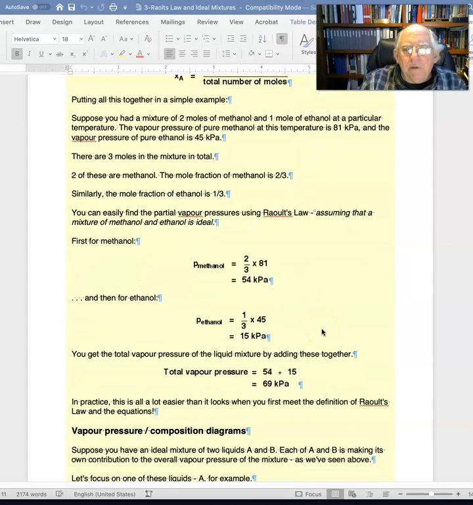What you then determine is that the partial pressure of the methanol is going to be 2/3 times the 81, and the partial pressure of the ethanol will be 1/3 times the 45. And so ethanol contributes 15 and methanol contributes 54.